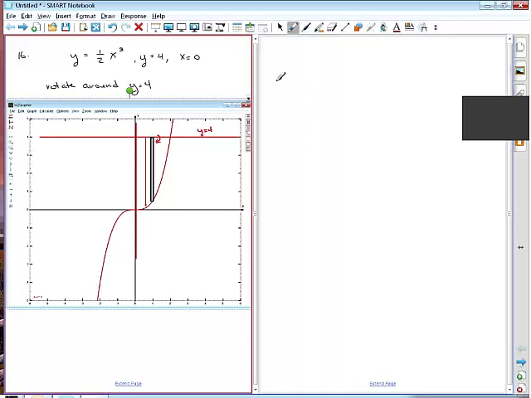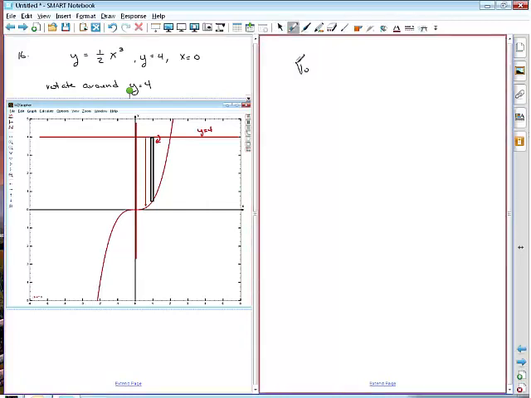So for a horizontal axis of rotation, what you have is the volume is equal to pi times the integral from a to b of r of x quantity squared times dx.